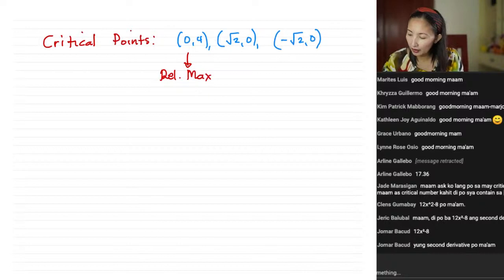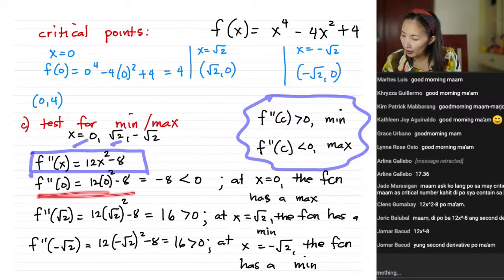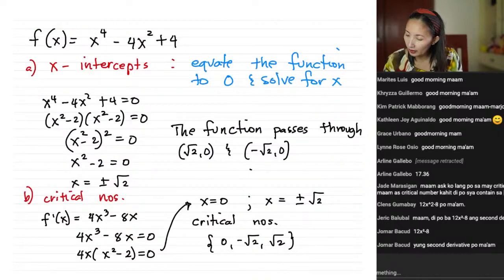Where did that come from? From here. We said here that at x equal to 0, the function has a maximum. But when x is 0, what is the function value? It's here. When x is 0, where is f of 0?